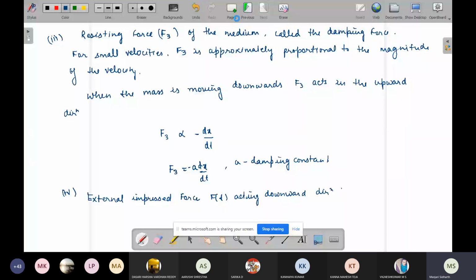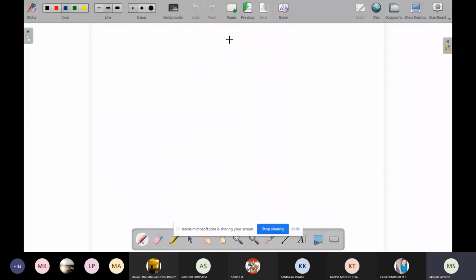Now from Newton's law, F is equal to ma. Here a is not the damping constant, it is acceleration. That means you can write m d2x over dt square. Now F, the total force, is F1 plus F2 plus F3 plus the last one F4.